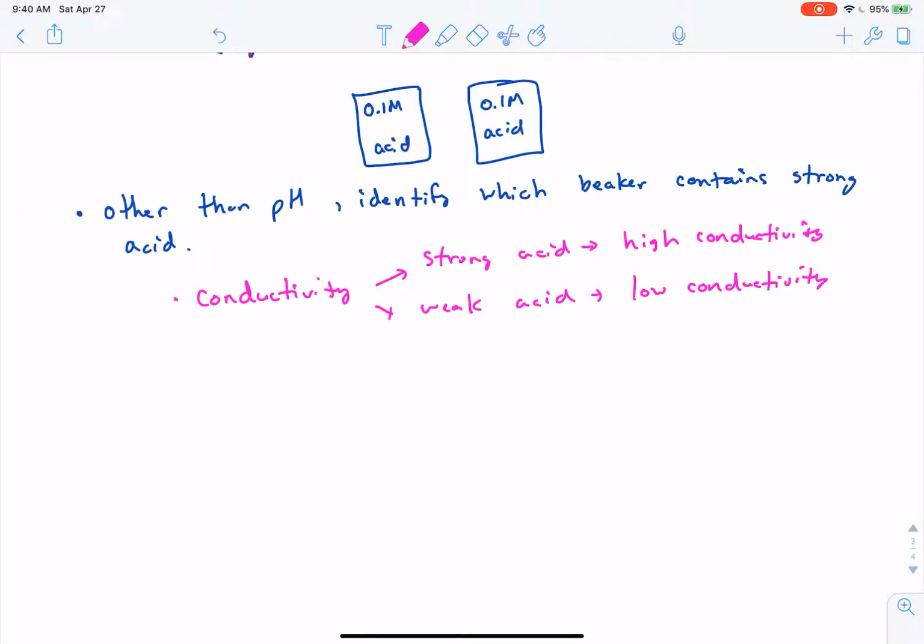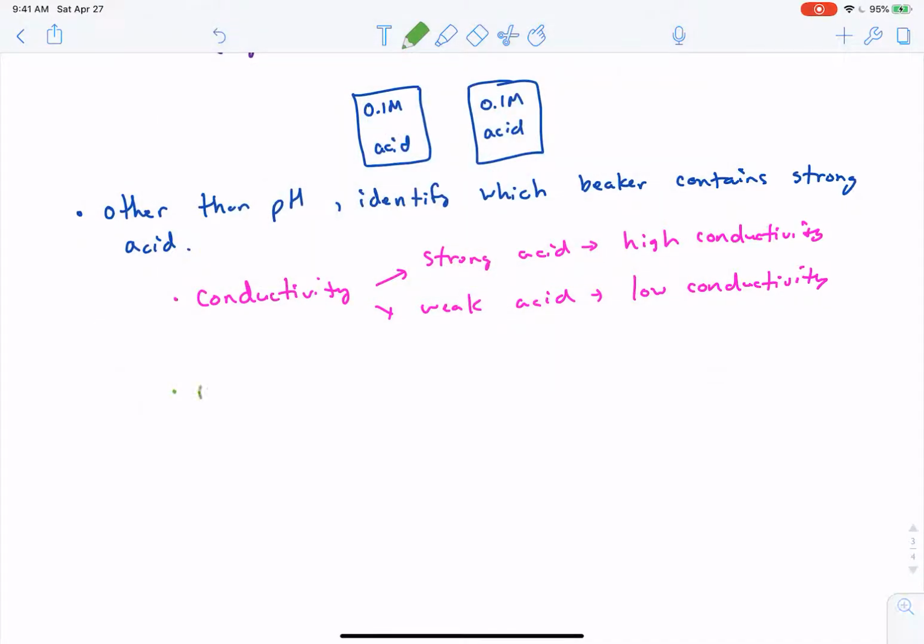Anytime the IB asks you to compare two things and how you would test to separate them, you need to say what you would expect to see. So you would say, I would test conductivity of two beakers, and the strong acid would have high conductivity and the weak acid would have low conductivity. You have to state that. You can't just say, I would test conductivity. You need to tell the IB what you would expect to see. So that's one way to do it.